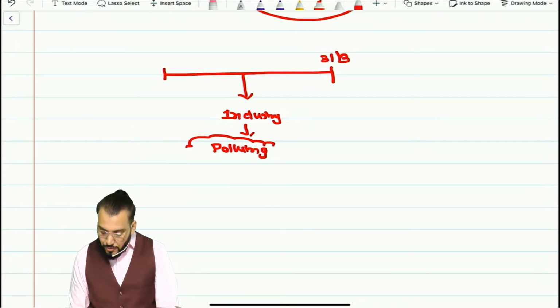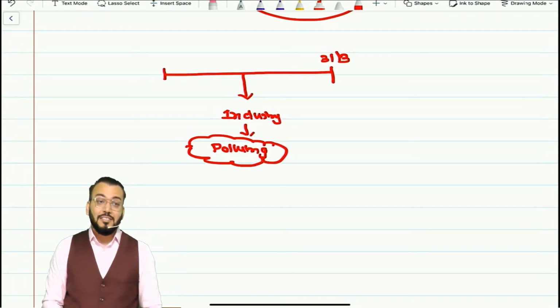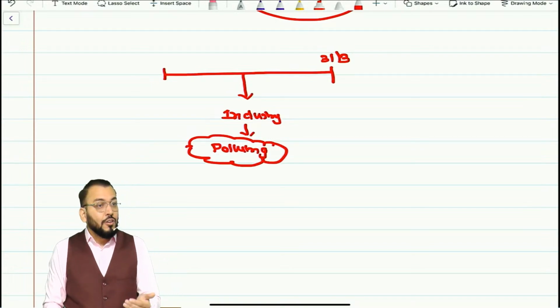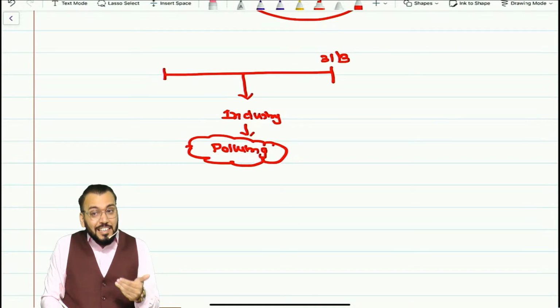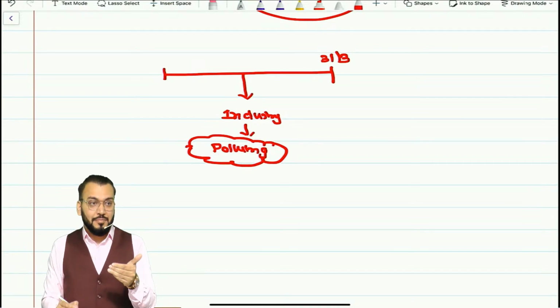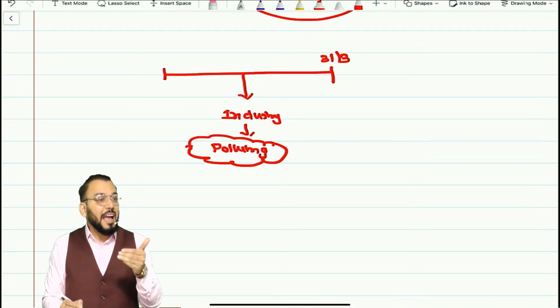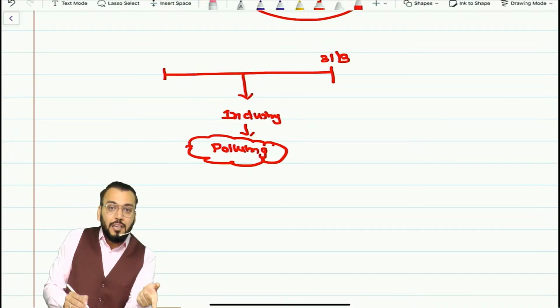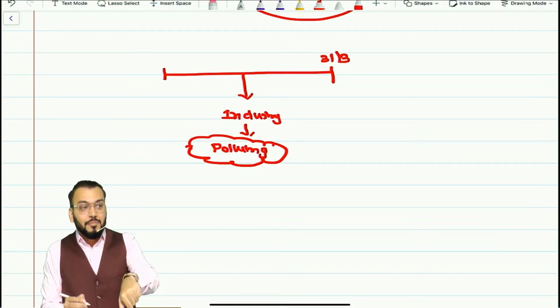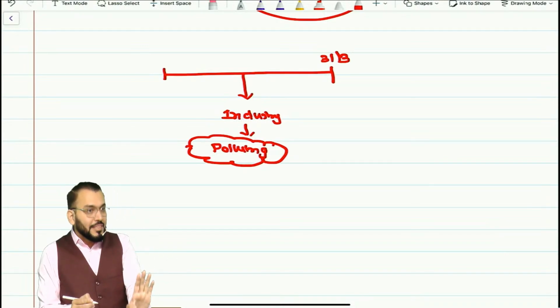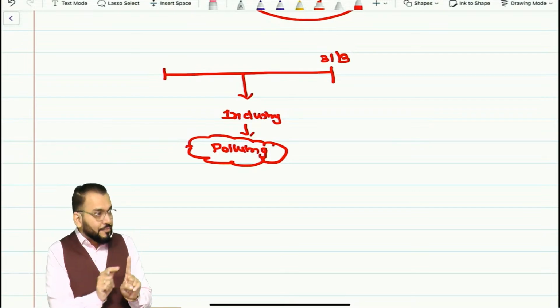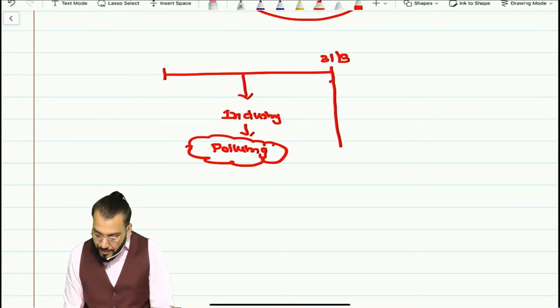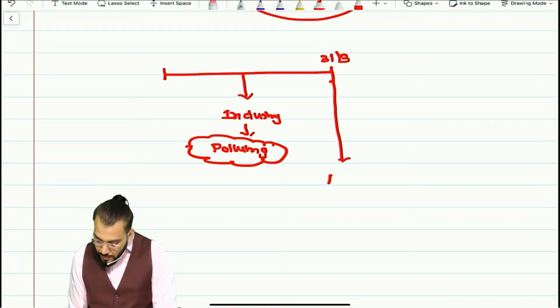Now there may be some act on cleaning up the environment, which may require the entity to clean the environment if they pollute it. Understood what the act is? So if that act is already enacted.